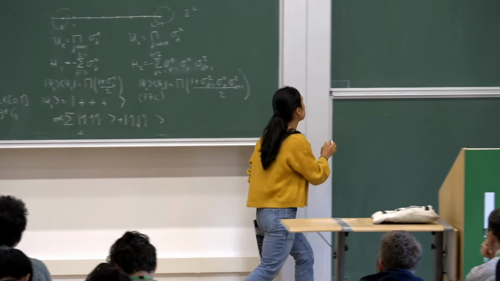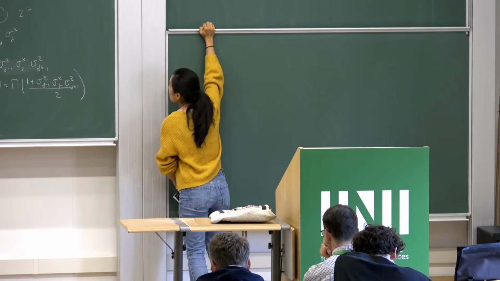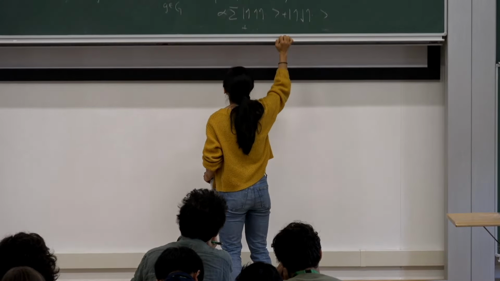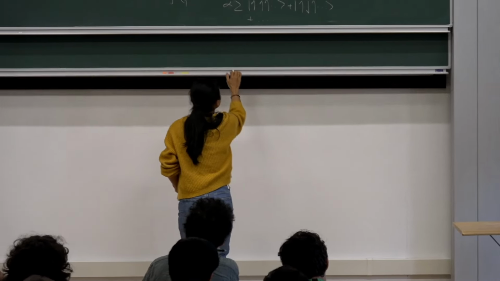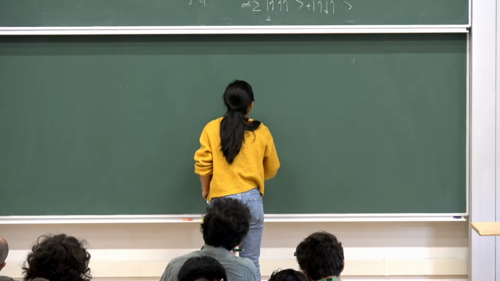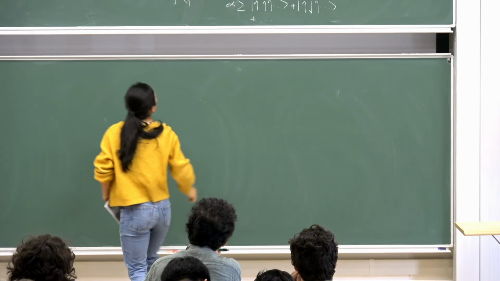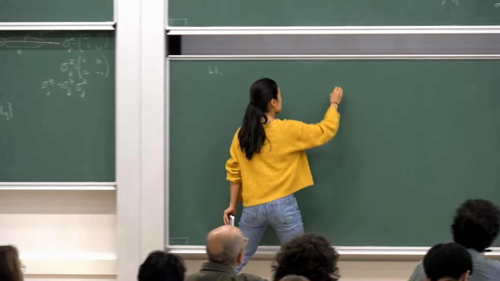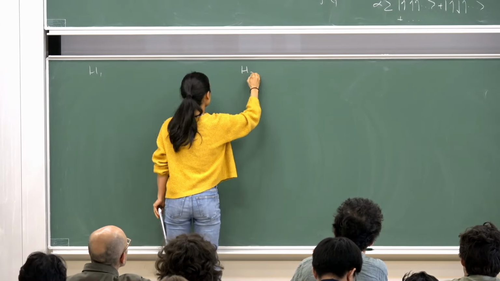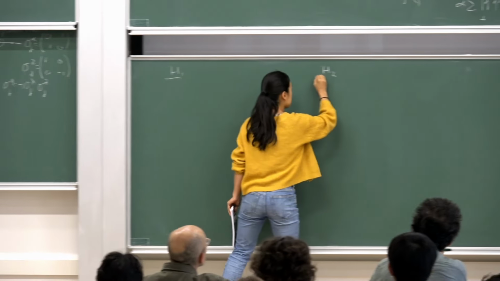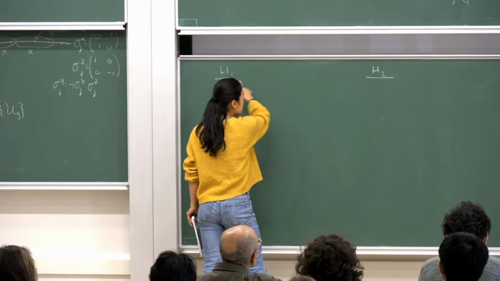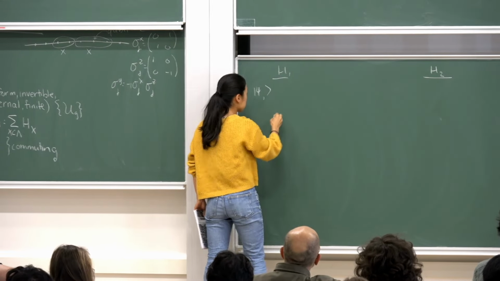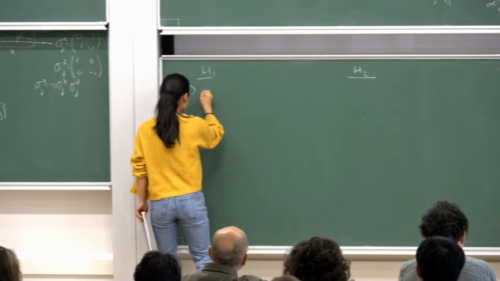It actually takes a rather similar form. So this is H1, this is H2. As I wrote down, that ground state has a sum over all of these kinds of domain wall states.